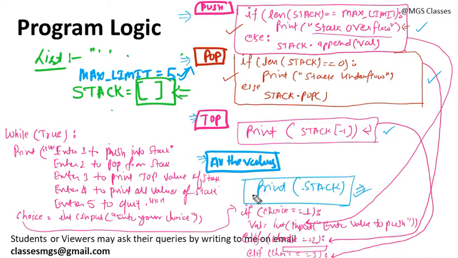Elif choice equals 4, then we write this code here. Else, if none of the options match, then break this loop, because this is an infinite loop and you need to break it. So this is essentially the complete code.